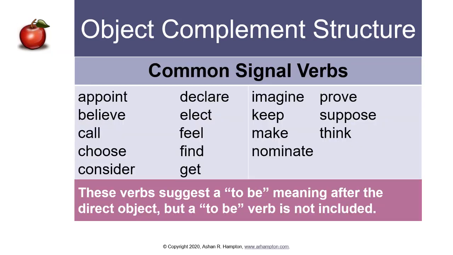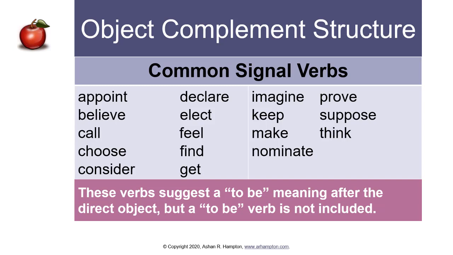Still talking about object complement structure, there are certain verbs that signal that you're dealing with an object complement. In fact, you'll see these verbs over and over again whenever you identify object complements, because there are just a limited number of verbs that can actually make or form an object complement.